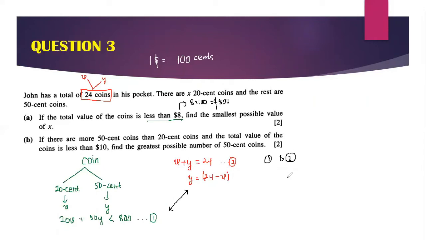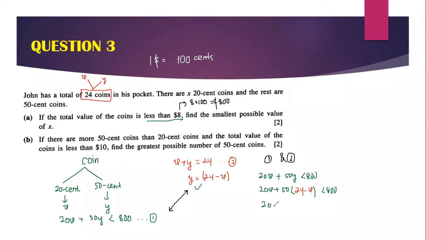Okay, 20X plus 50Y less than 800, right? So 20X plus 50 times, open the bracket, 24 minus X, close the bracket, less than 800.